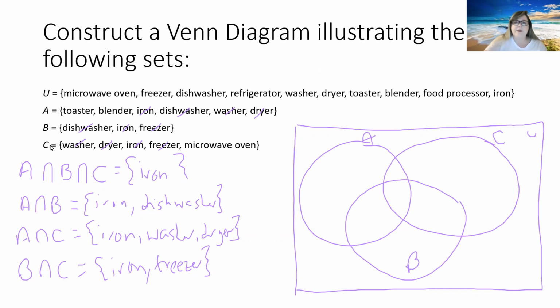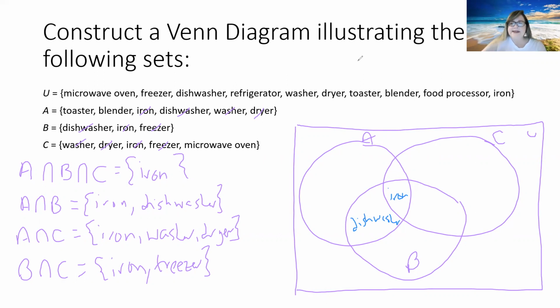So I'm going to put my iron here where it's in all three circles. Then in A and B, we have the iron. A and B is this piece, where the two overlap. So iron's already in there. We just need dishwasher. So dishwasher would go here because it can't go inside where it overlaps with C.